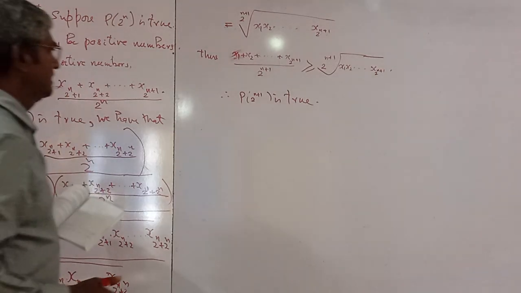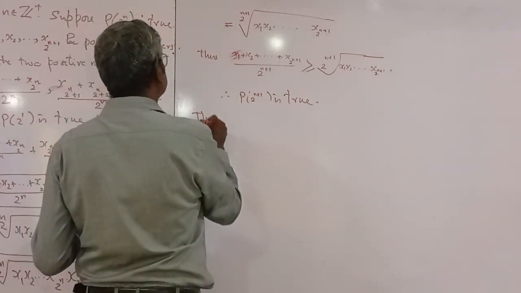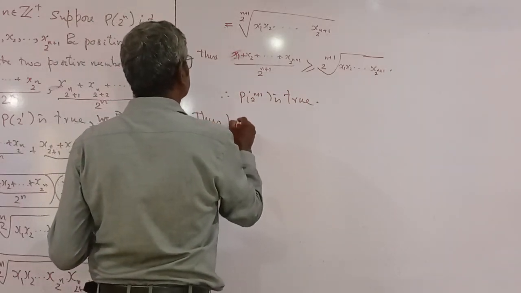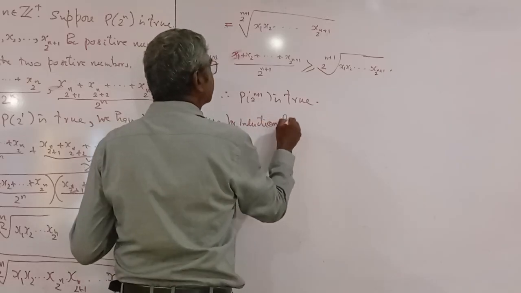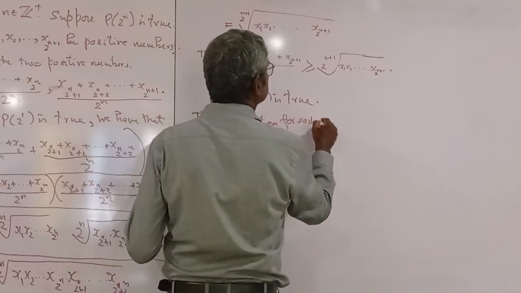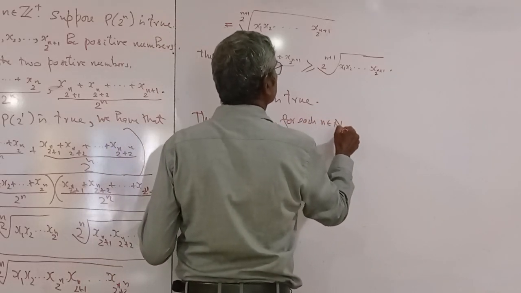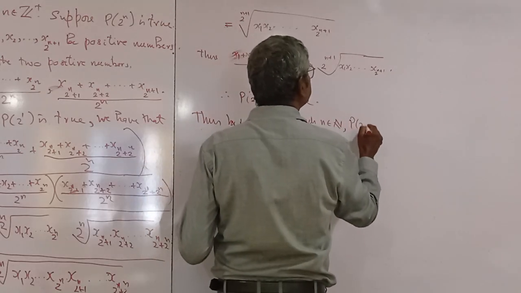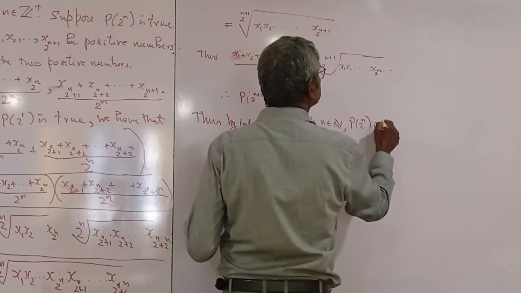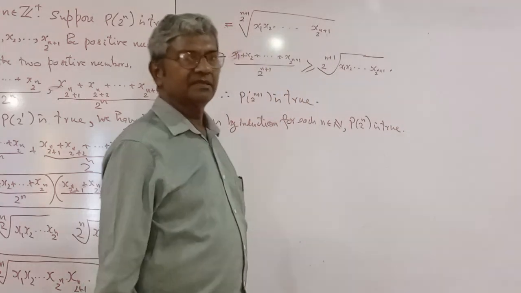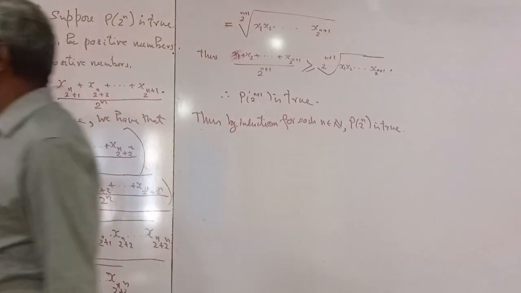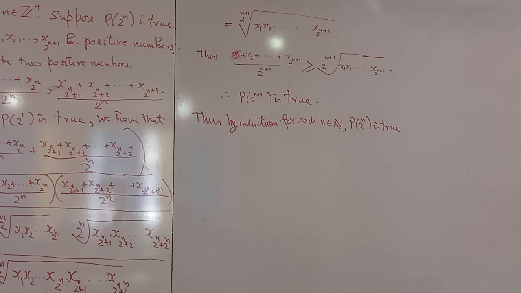Now we have this thing, that's by induction, for n belonging to the natural numbers, P of 2 to the n is true. Right? So the first part of induction is done.